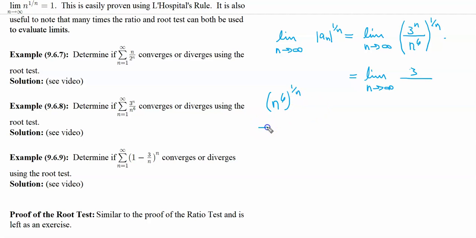Now we can actually write that as n to the 1 over n raised to the 6th, if we multiply those exponents together. Really, we just interchanged the exponents here. You're allowed to do that.